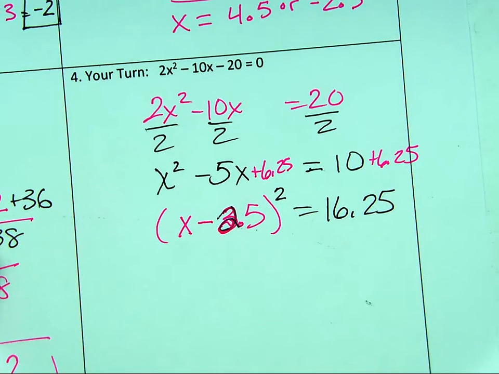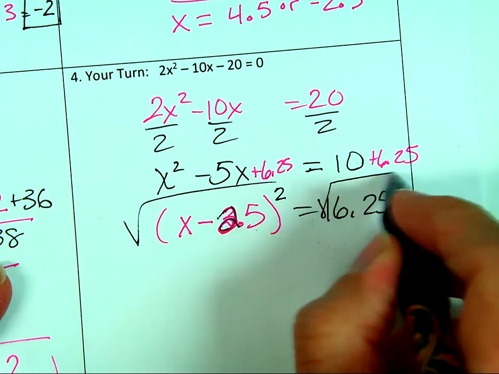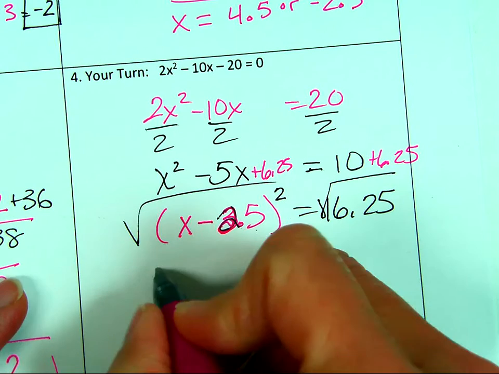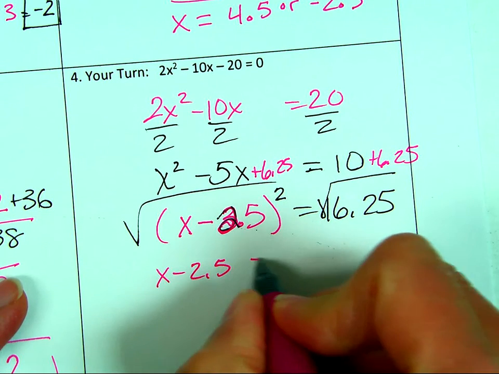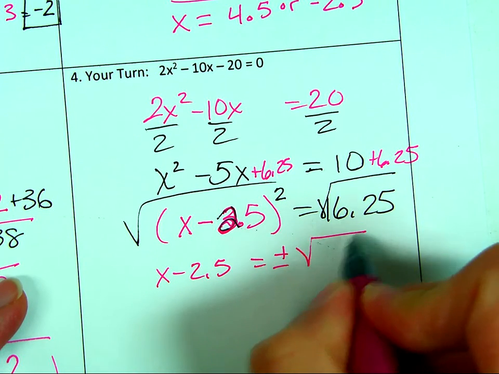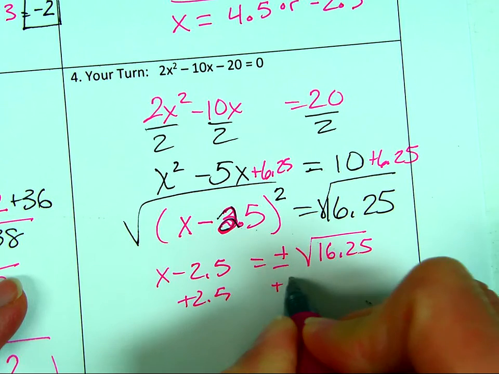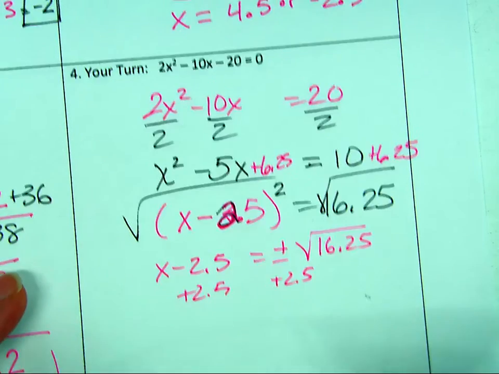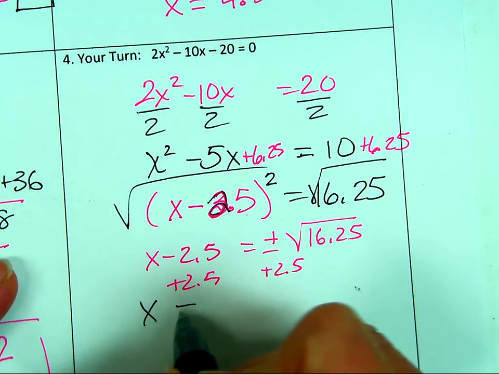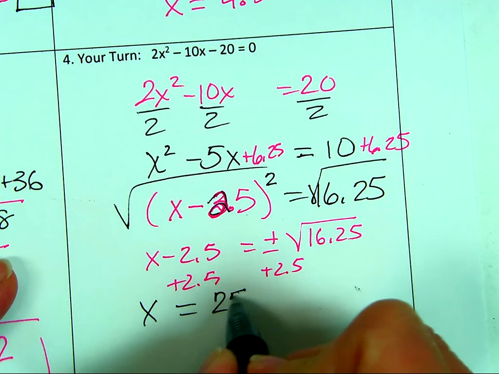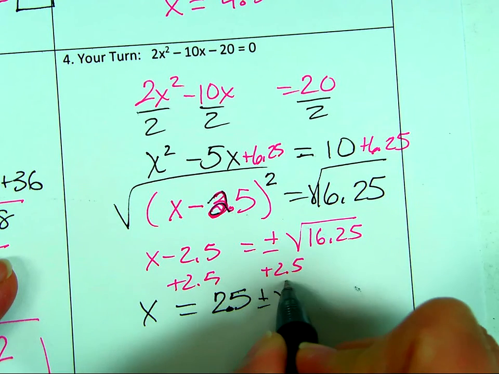So this is my equation, for which I square root both sides because I'm ready to do that. I get x minus 2.5 equals plus or minus the square root of 16.25, and then I would add 2.5 to both sides. So I get x equals 2.5 plus or minus the square root of 16.25.